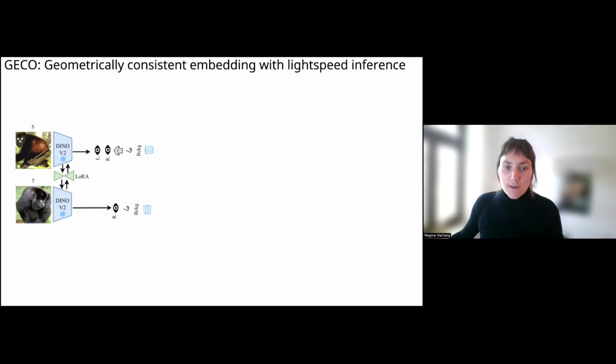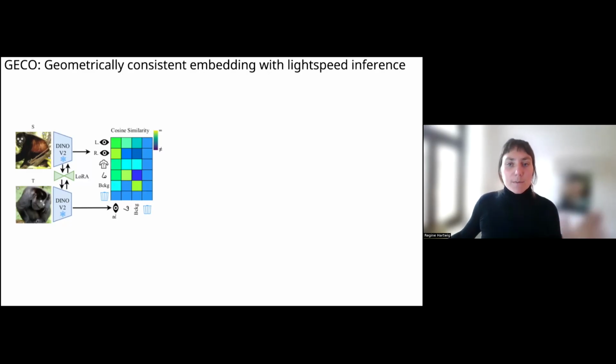After extracting the features, we compute the cosine similarity matrix between all the patches. This gives us a large dense matrix. Here, for illustration purposes, we just restrict our discussion to a few patches. Here you can see left and right eyes, back, nose, and background.